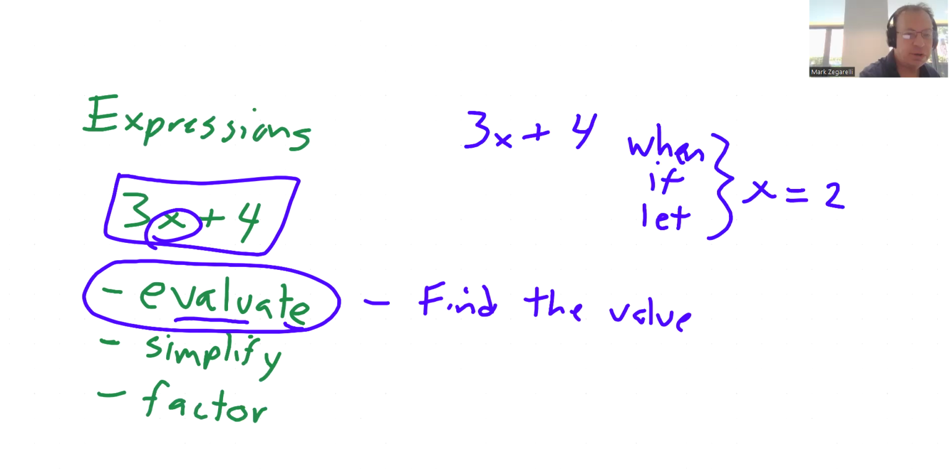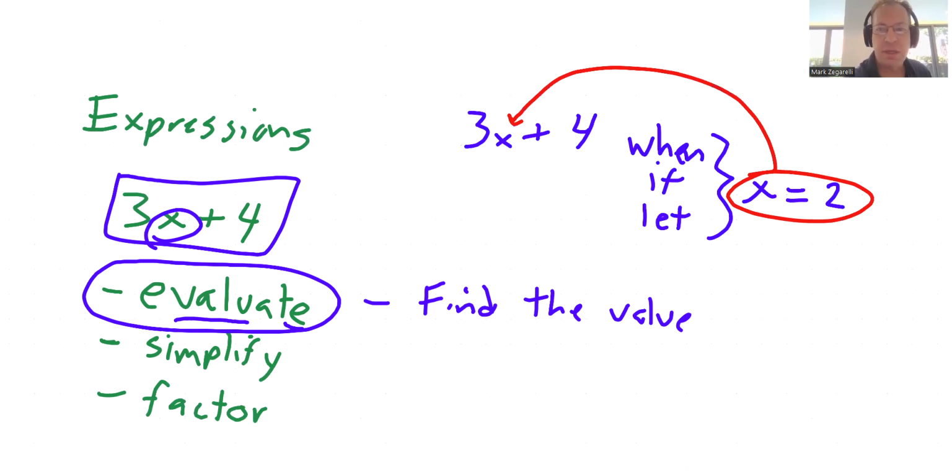All of a sudden now we know what the value of x is. So we can do what's called plugging in. The formal word for this is substitute, but everybody says plug in all the time. We're going to plug in a 2 for that x.